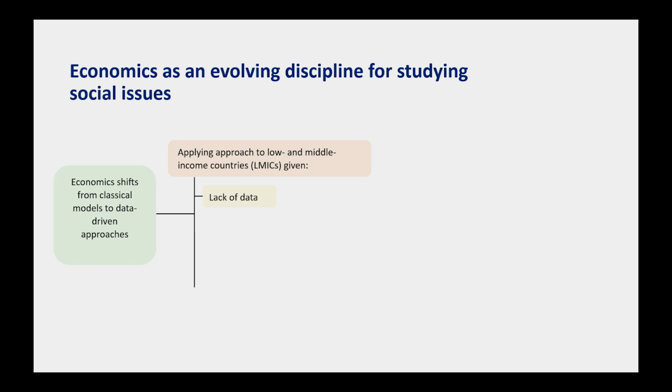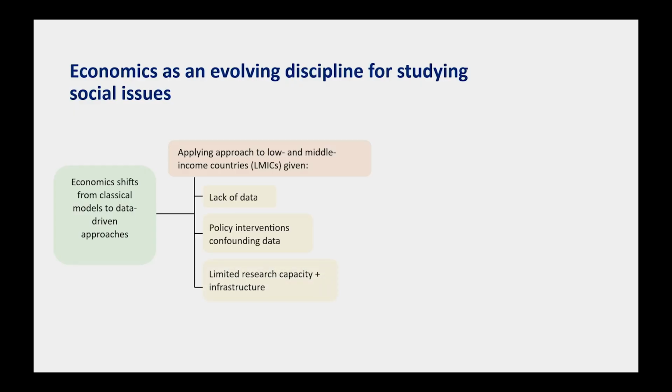African countries didn't collect systematic data the way governments or firms did in rich countries. It was hard to understand causal relationships between policies and outcomes because of feedback effects. And when we looked to forge collaborations with colleagues, there was really limited research capacity, especially in a lot of African contexts at that time.